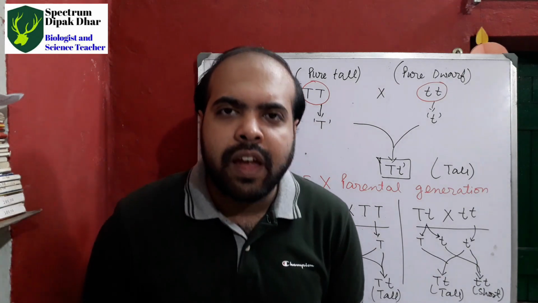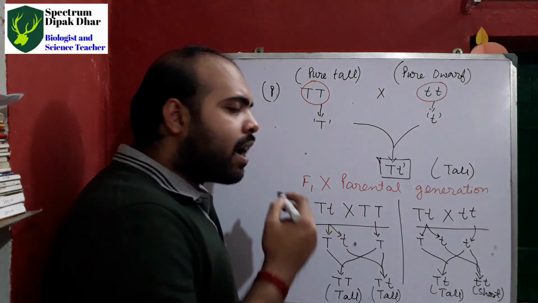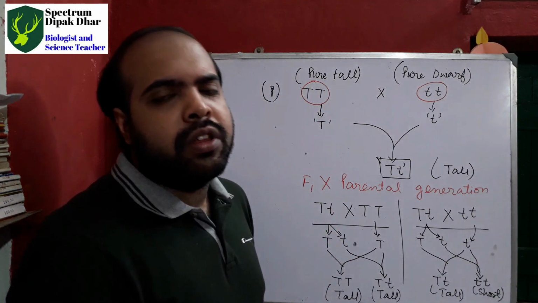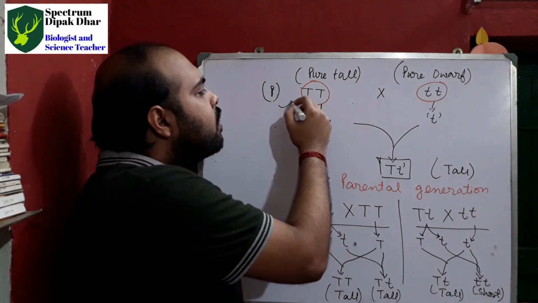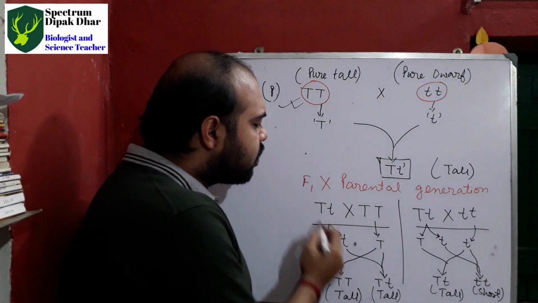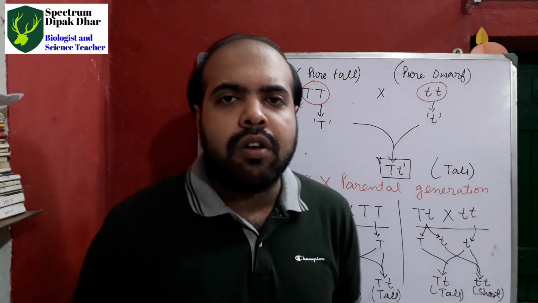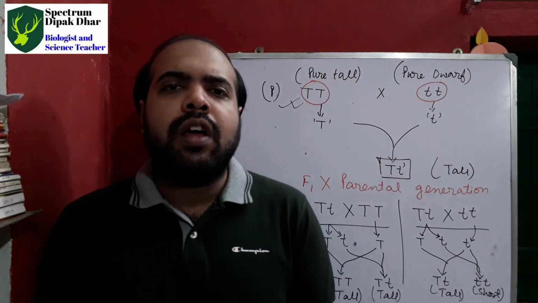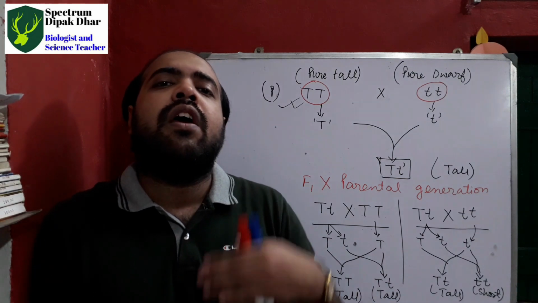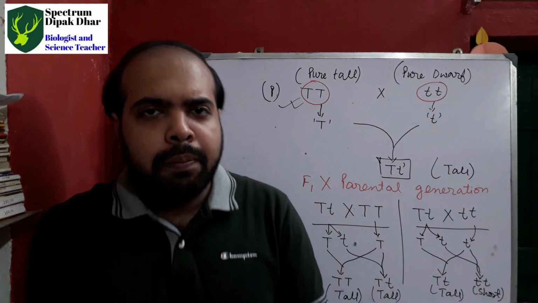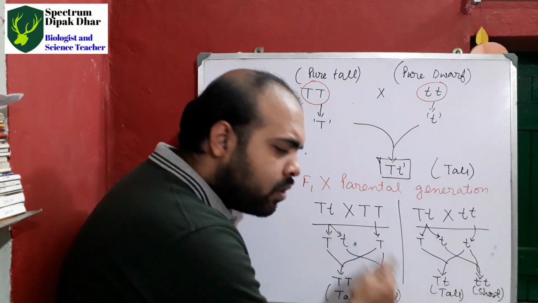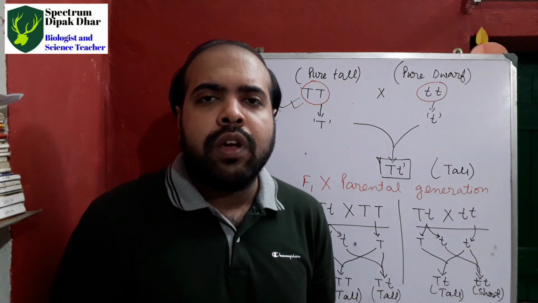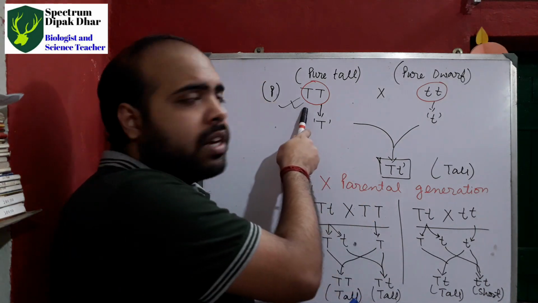So you can see that if the back cross happens with the F1 generation and its homozygous dominant parent, then all of the F2 generation will show the phenotype of the parental generation.